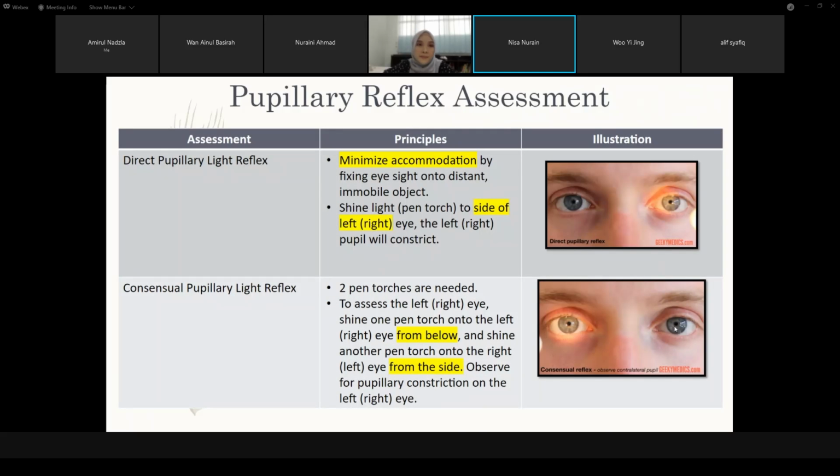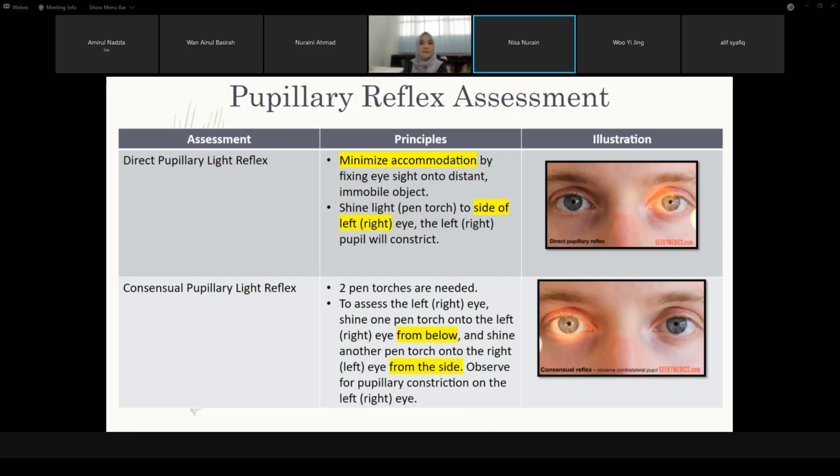So for the pupillary reflex assessment, first we have the direct pupillary light reflex. So the principle is first we minimize the accommodation by fixing eyesight onto a distant immobile object, which means we let the patient's eyes stay static at one place, don't look left and right.